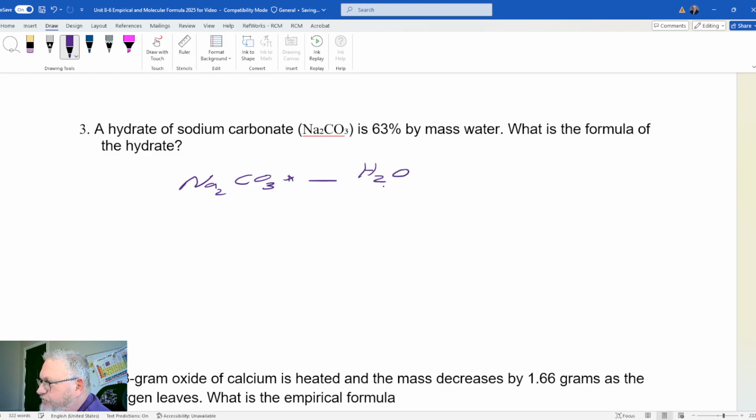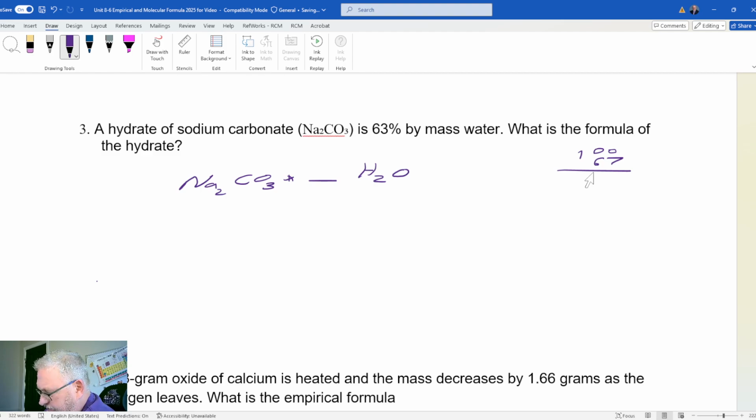The good news is we know what the molar mass of water is. It's 18. All right. Okay. So we need to know the number of moles. So how many? Let's see. How do we get that? Oh, I know. If we subtract 63 from 100, that'll give me the mass of the Na2CO3.